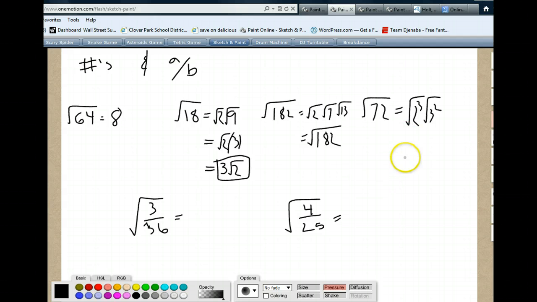And I'm going to start to work with these two numbers here. Now I could multiply 3 times 3 to get 9, square root 9, which is equal to, again, 3.